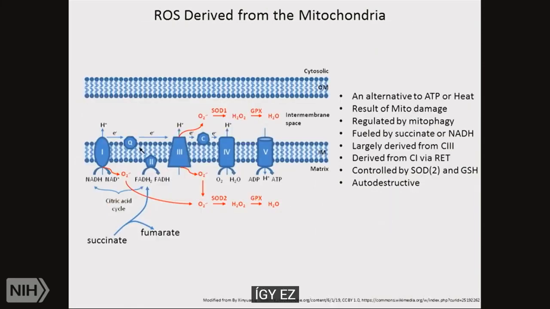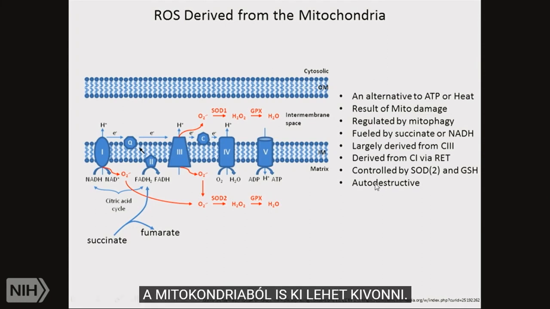So there's a second source of ROS derived from the mitochondria. So you can get a lot of reactive oxygen species out of the NADPH oxidase, but you can also get it out of the mitochondria. So ROS derived from the mitochondria is one that doesn't quite get as much attention as maybe it should.